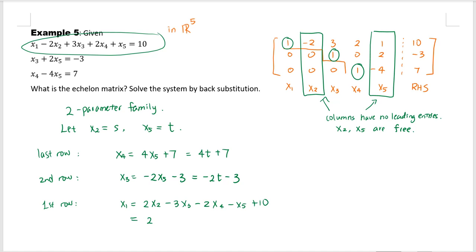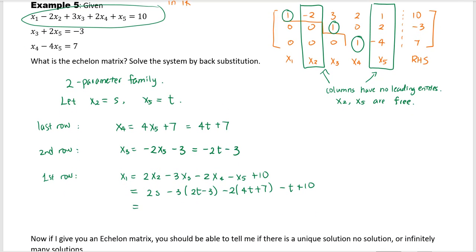Well, x2 is s, x3 is 2t minus 3, x4 is 4t plus 7, x5 is t. Now let's distribute it. 3 times 2 is 6. 3 times 3, 9. 2 times 4, 8. 2 times 7, minus 14.